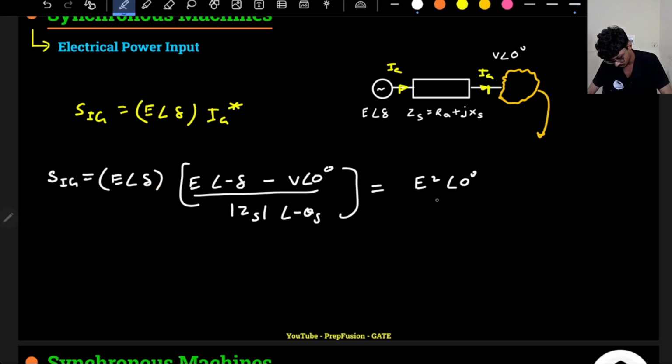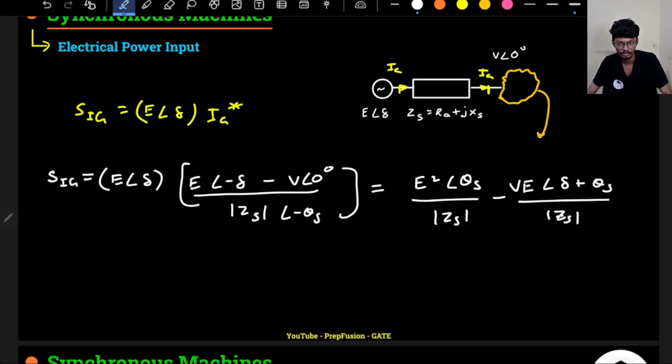Minus theta is also there, so this will be theta s only, divided by Zs, minus E into V into angle delta plus theta s divided by magnitude of Zs. Okay, this will be the input power to the generator. This is the input apparent power to the generator.